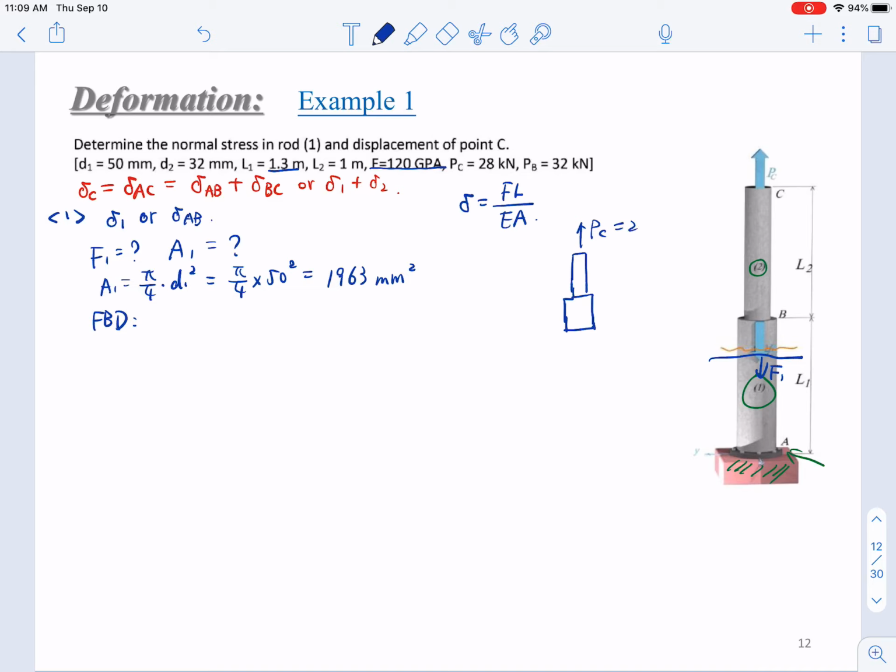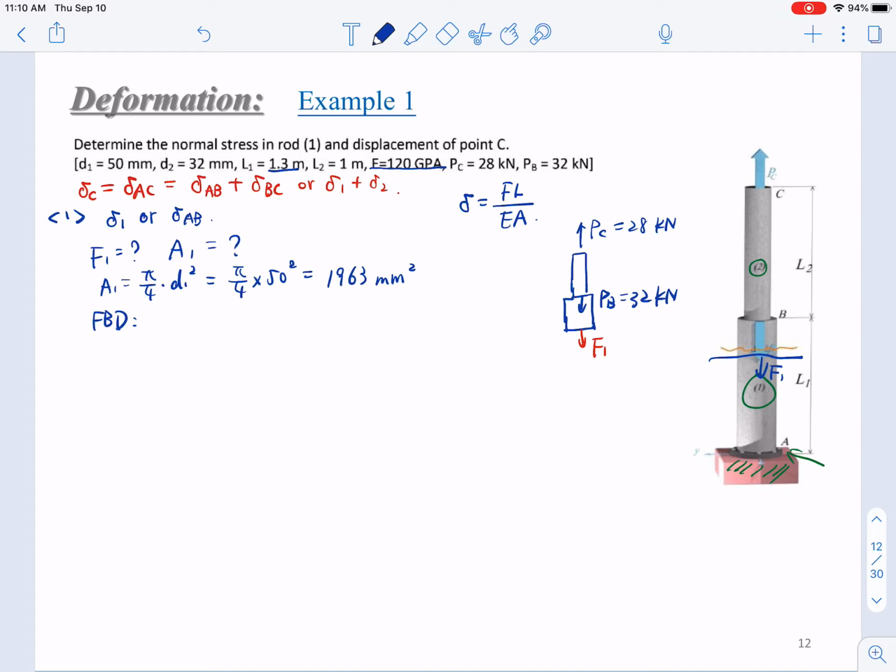PC is 28 kilonewton, and we have a PB downward, that is 32 kilonewton. Right, then we need to add the internal force F1 here. So very simple equilibrium equation.